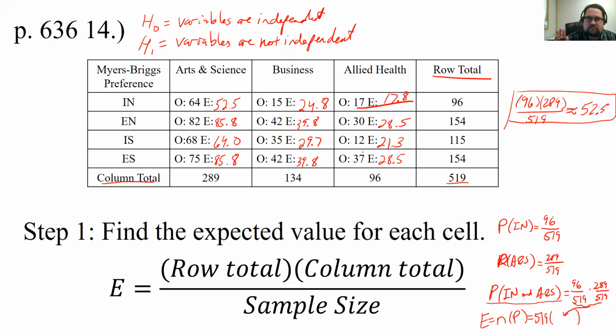They're not each doing their own thing without affecting each other; there is some connection between the two. So that's why the second hypothesis says they're not independent. They both might be affected by something else, and we're not exactly sure, but there's some relationship there. All right.